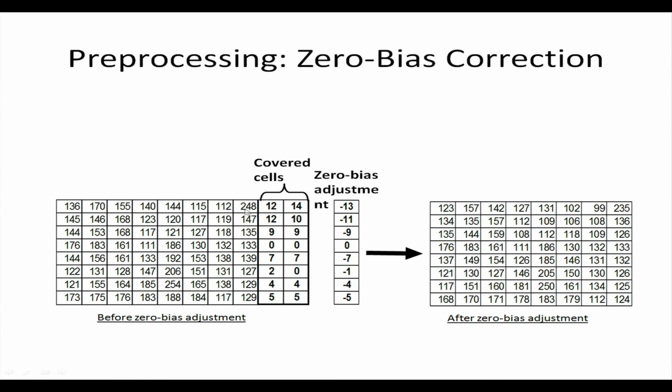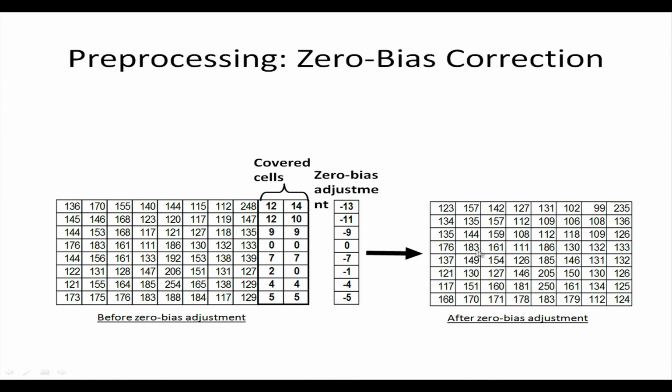Okay. So, next we take each of these values and subtract the average of this. So, 136 minus 13 becomes 123, 146 minus 11 becomes 135. Here you look at 186, and that is the first, second, third, fourth, fifth, 5 by 4.